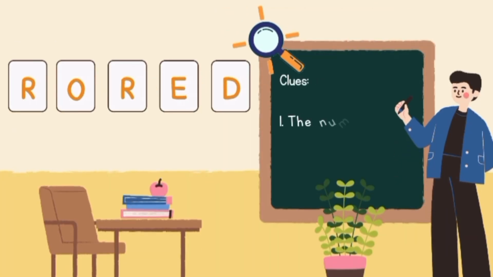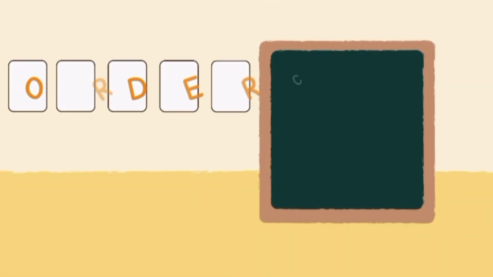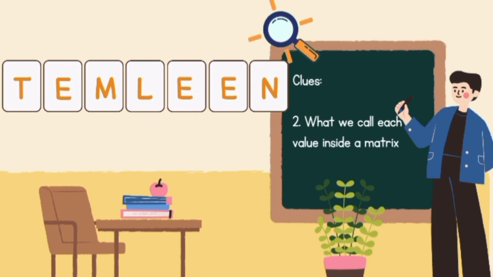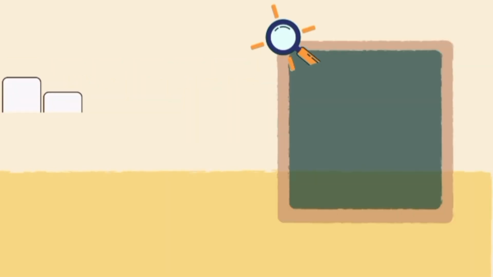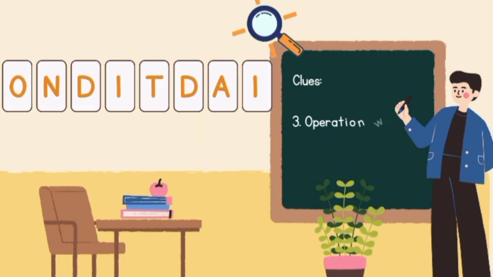Number 1. The number of rows and columns in a matrix. That is right. That is an order. Number 2. What we call each value inside a matrix. Nice! That's an element. Number 3. An operation where you increase each value.